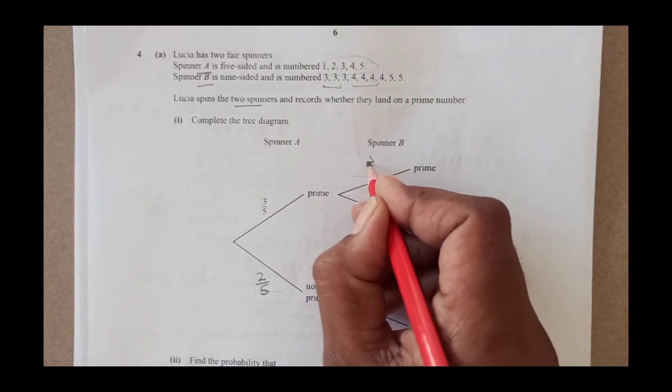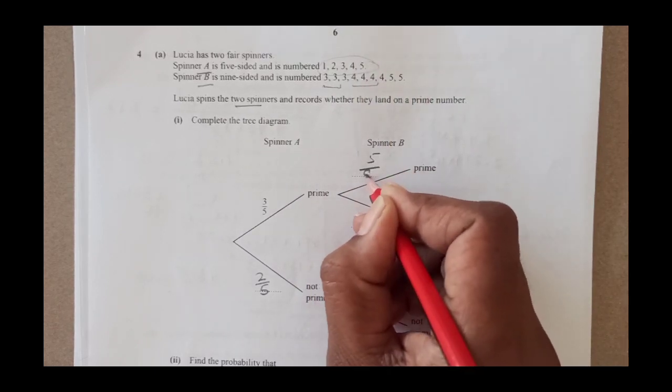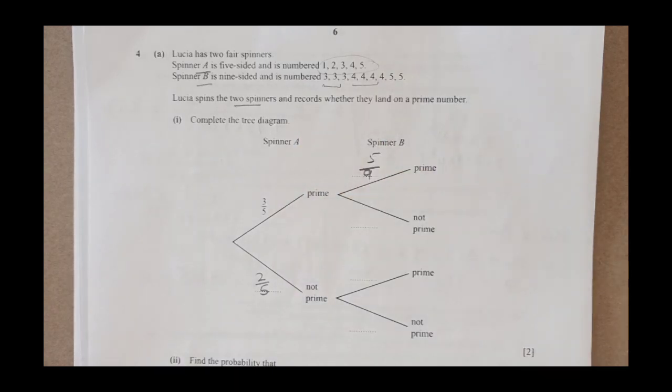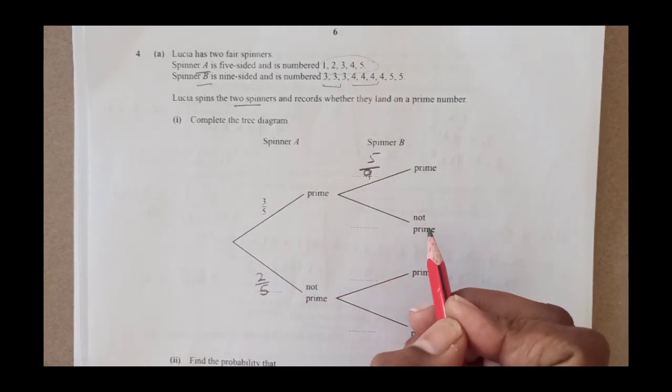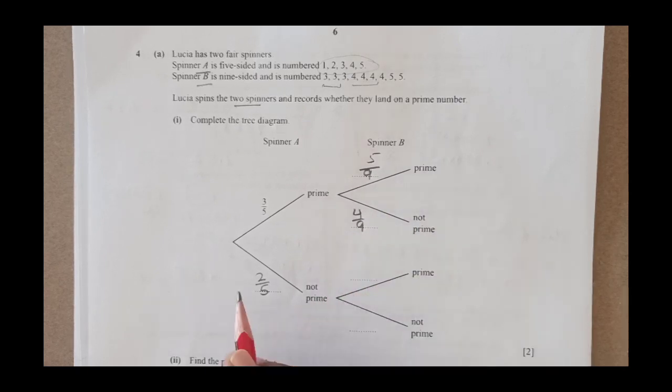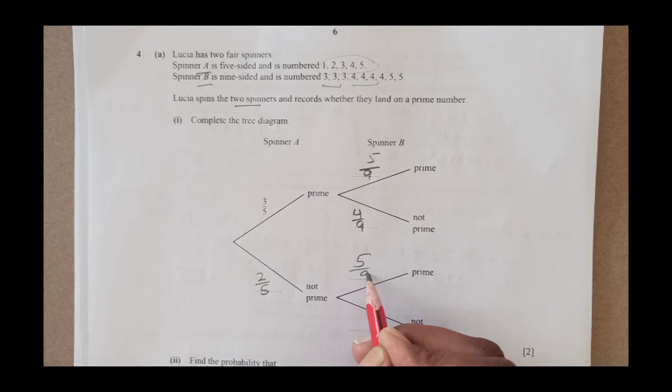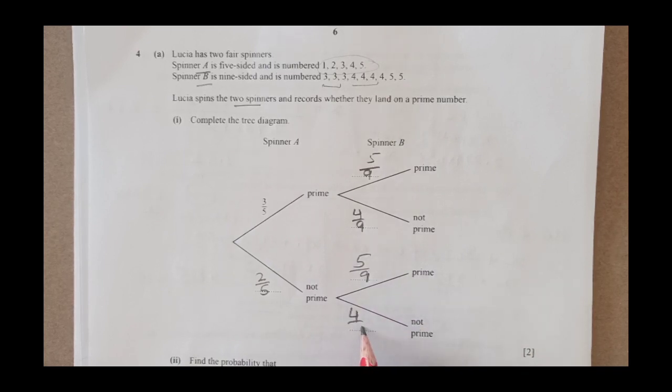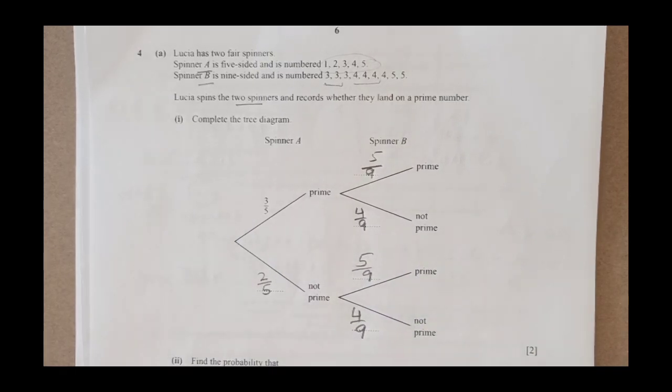So this is going to be 5 out of 9 because there are 9 numbers together. Not prime will be 4/9. So for spinner A, prime is 3/5 and not prime is 2/5; for spinner B, prime is 5/9 and not prime is 4/9.